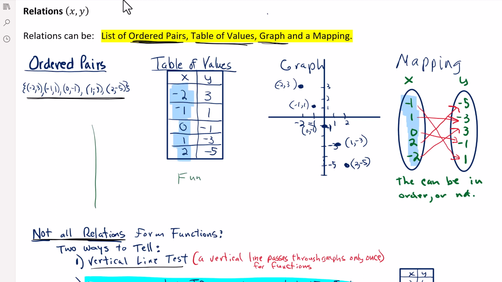But if you had a table that looked like this: -2, 5, 1, 8, 7, -7, -2, 4, 6, -12, you'll notice there are repeating x values, so this is not a function.